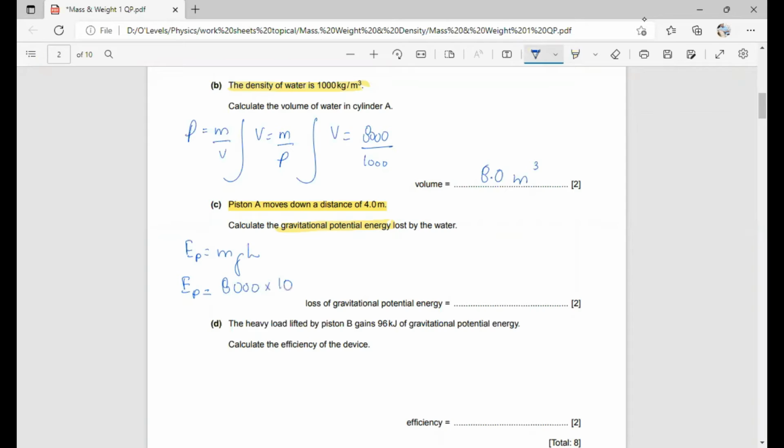The value of g is fixed, 10, and h, height, is 4. So simply multiply. This is 320,000, and the unit is joules.